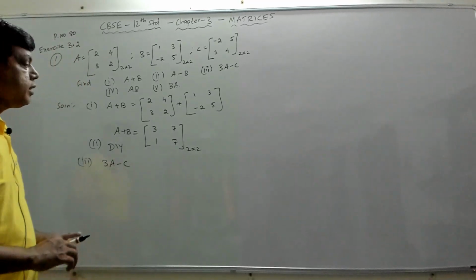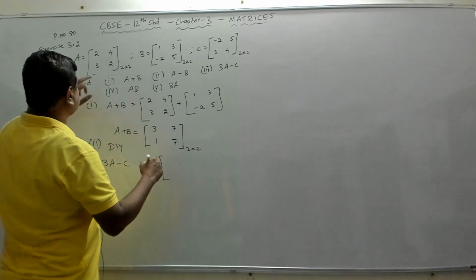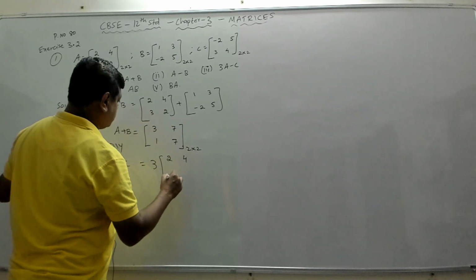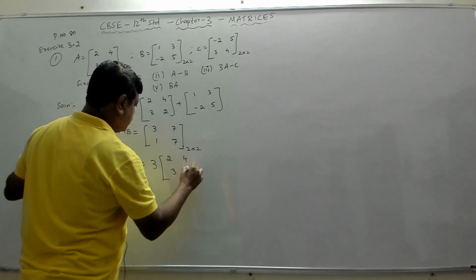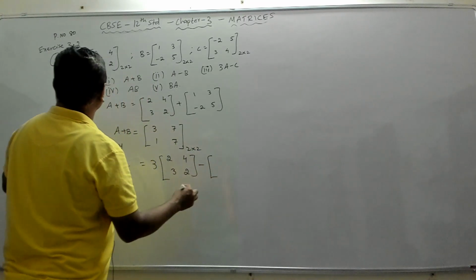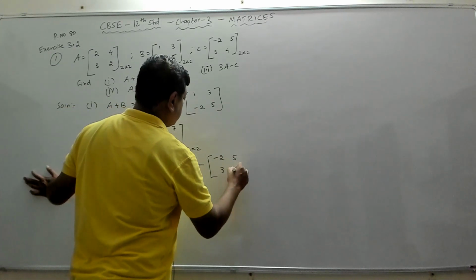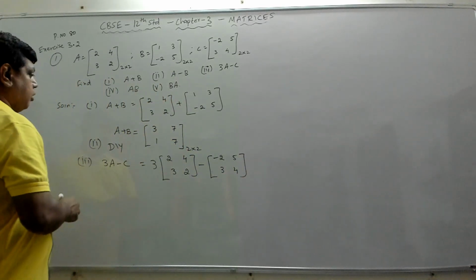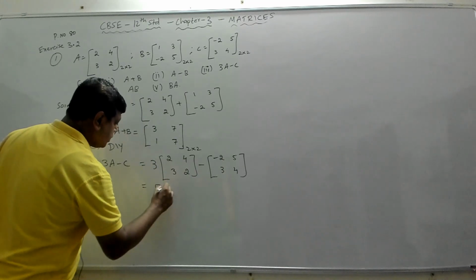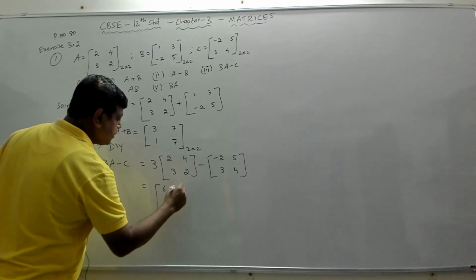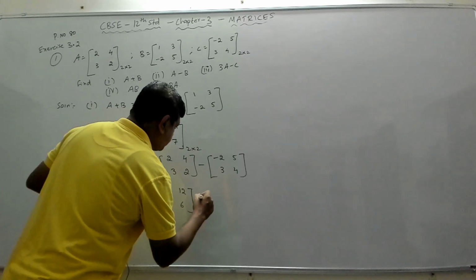So 3A minus C is equal to 3 times A. A matrix is 2, 4, 3, 2, 3 and 2 minus C. C is minus 2, 5, 3, 4. Now if you try to find the value of this, you get 3 times 2 is 6. Then you have to multiply each element by 3. 3 times 4 is 12, 9 and 6. Then minus.